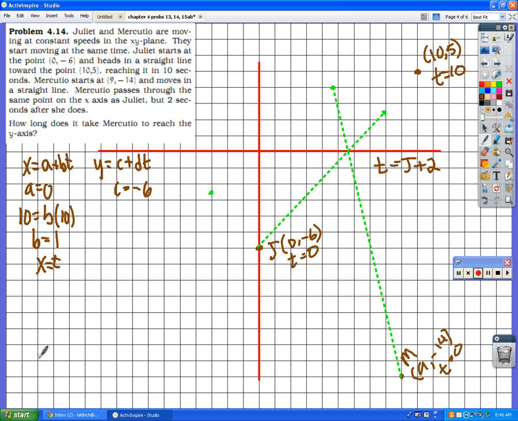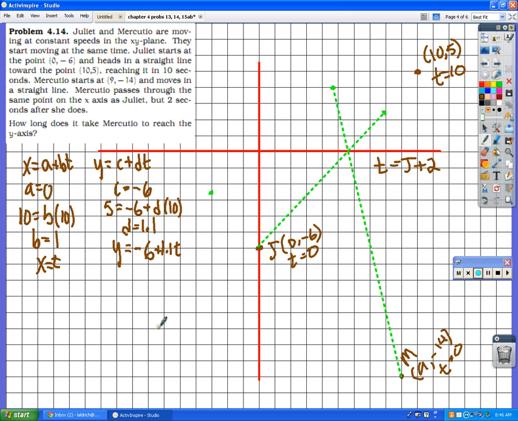So that's nice. Then if I use the y coordinate there, 5 equals -6 plus b times 10. Add 6 to both sides, you get 11. 11 divided by 10 is 1.1. So b is 1.1, which means her equation for motion in the y direction will be y equals -6 plus 1.1t. Okay? And hopefully you guys can all do that on your own.